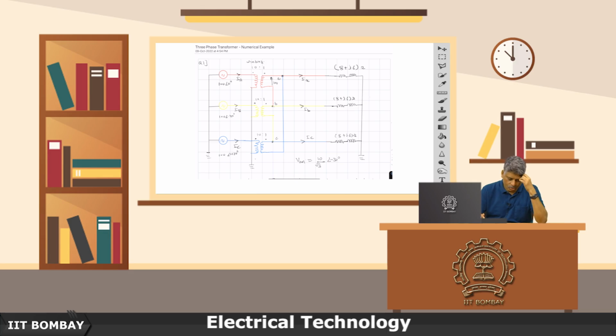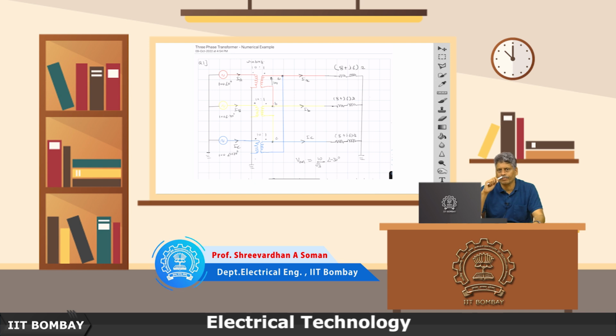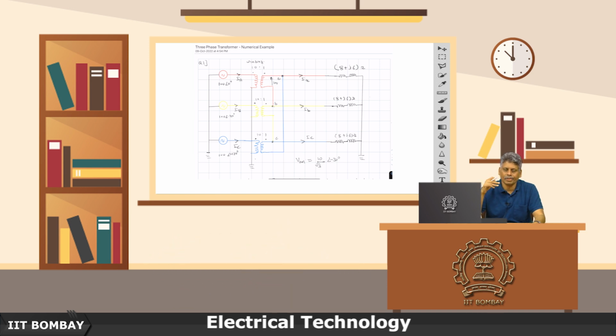Welcome back. So let's take a couple of examples on this three-phase star delta transformer to work out what we developed in theory earlier. This is again the connection we have discussed earlier.